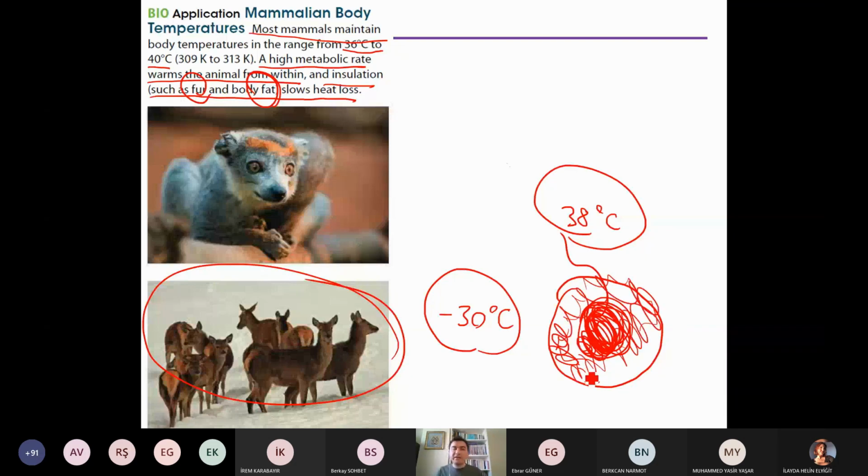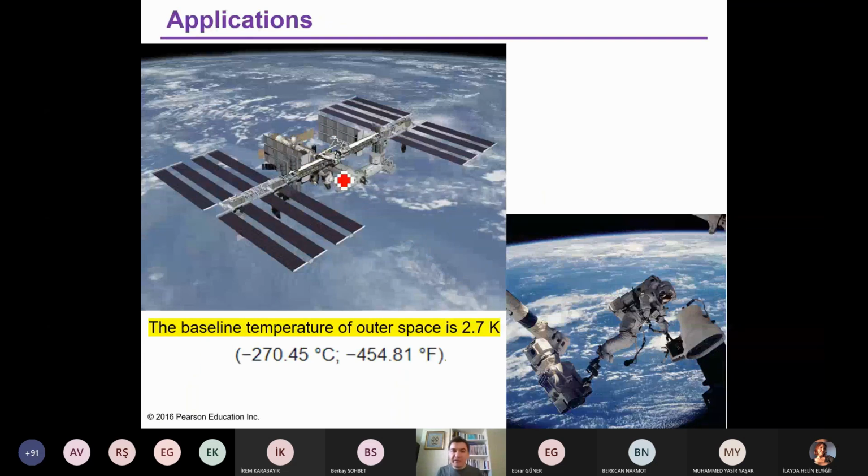And look at this space application. This is the International Space Station, and there are astronauts here, and they live there. They study there. They are doing research now within this International Space Station. And what about the temperature in space?